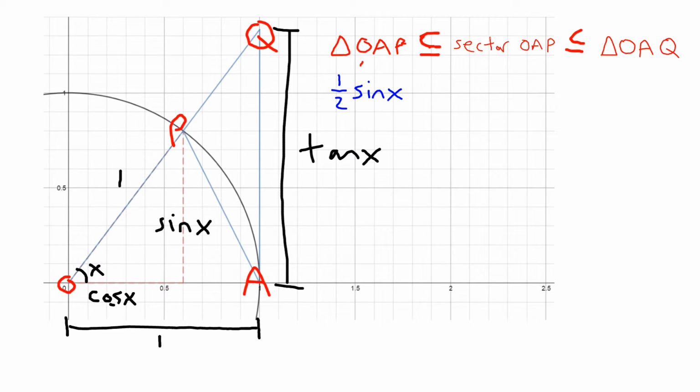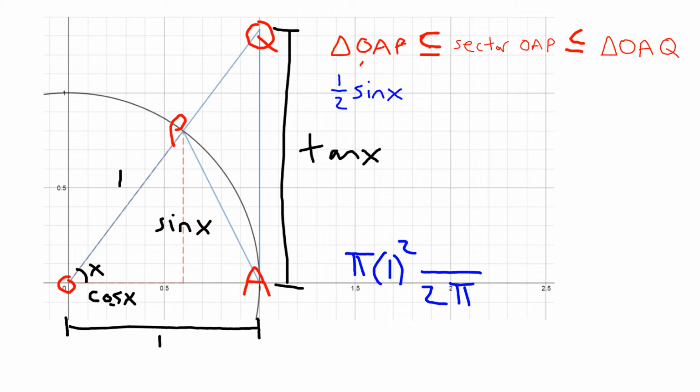Okay, now let's figure out the area of the circular sector. All right, well, what's the area of the unit circle? Well, it's pi times r squared, and the radius is 1, so it's just pi. But then how much of the unit circle do we have in this circular sector? Well, overall there are 2 pi radians in the entire unit circle, 360 degrees.